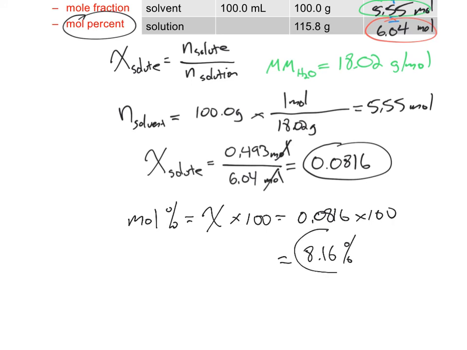So the mole percentage is 8.16%. As I mentioned before, I know these problems seem a little bit complicated. Mike's table is a great way to organize these. And if you want another example, I have another video specifically using Mike's table.